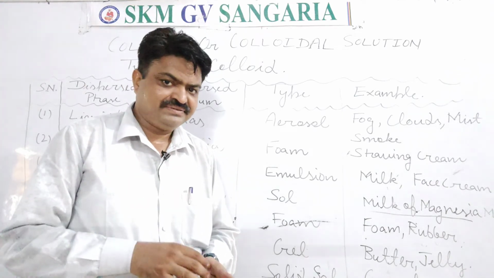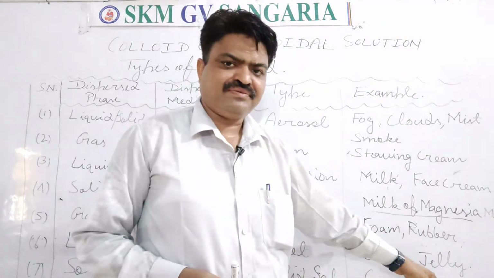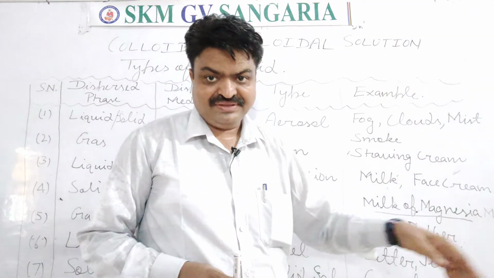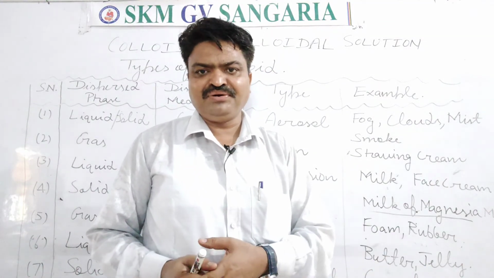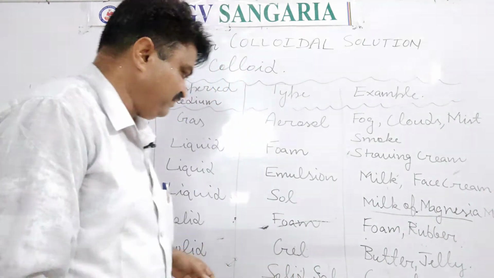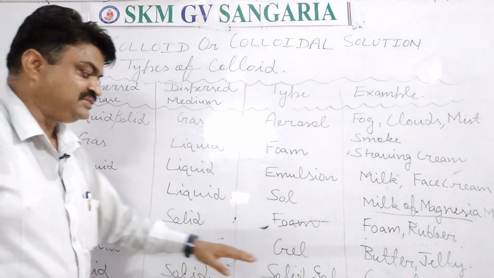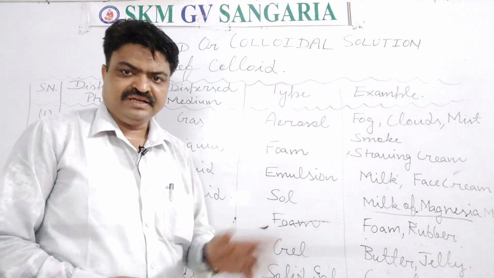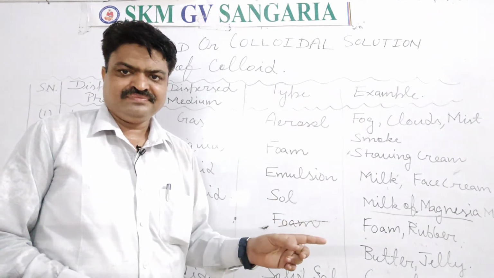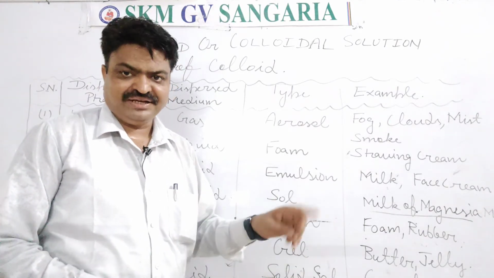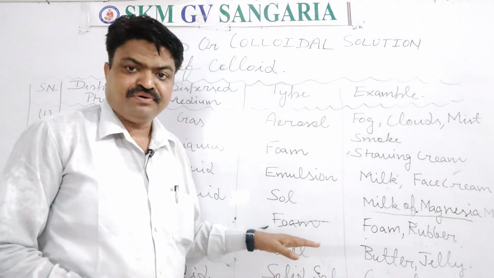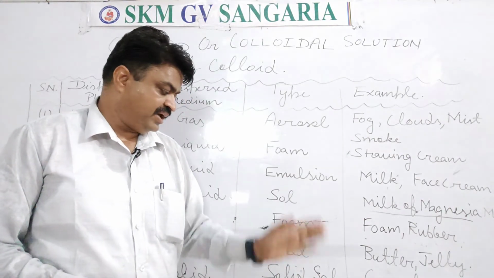All the jellies that you take with bread, that jelly is an example of which type of colloid, student? It is gel, student, gel. Gel for jelly or jelly for gel. So gel you will learn. Gel is one type of colloid. Now we come to the next colloid.